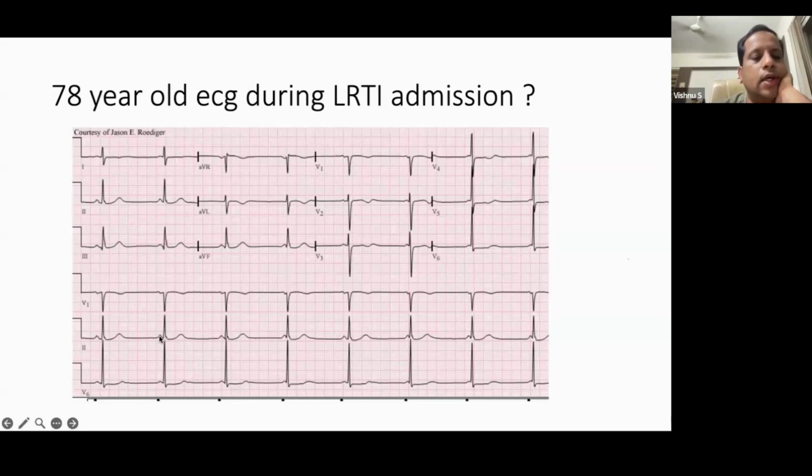In this, the atria fire, the junction fires, both at the same time or a little later, but with an equal amount of ventricular beats from the junction and atrial beats. So this is isorhythmic AV dissociation.